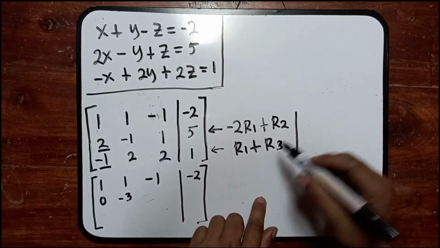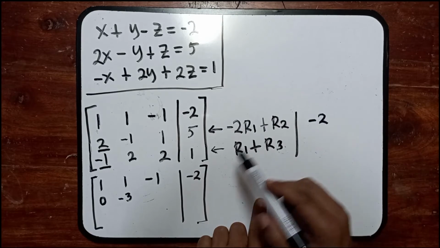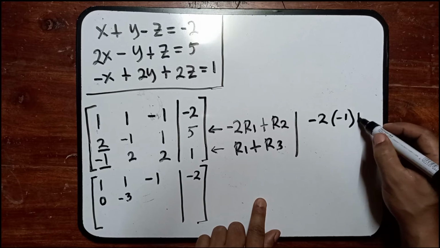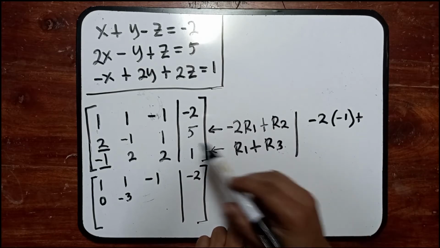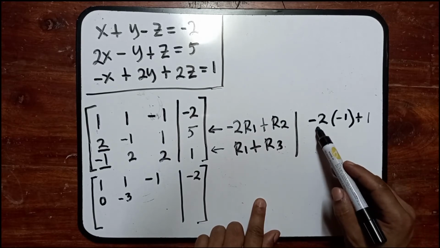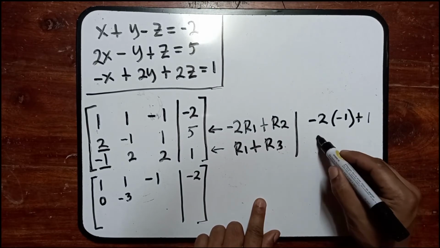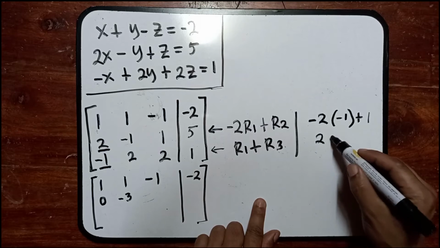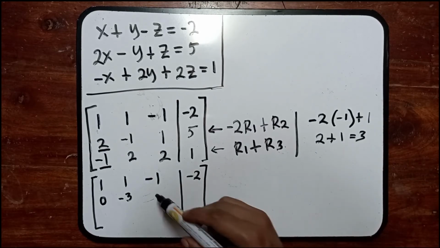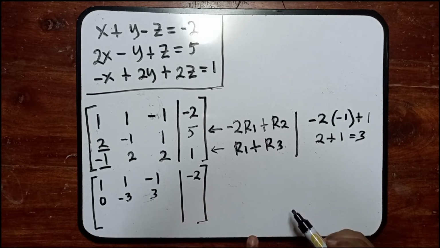Okay, let's continue. So negative 2 times R1, that is negative 1, plus R2. R2 is 1. Okay. So negative times negative, that is positive. So let's write here positive 2 plus 1. Then this becomes 3. So let's write down here 3.